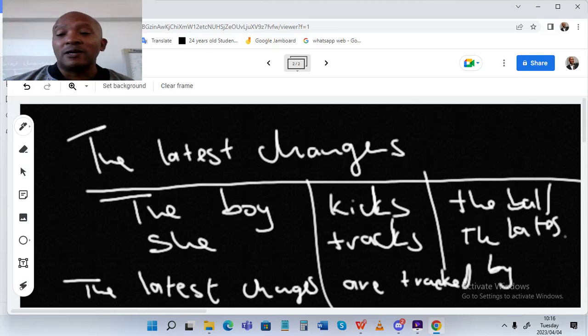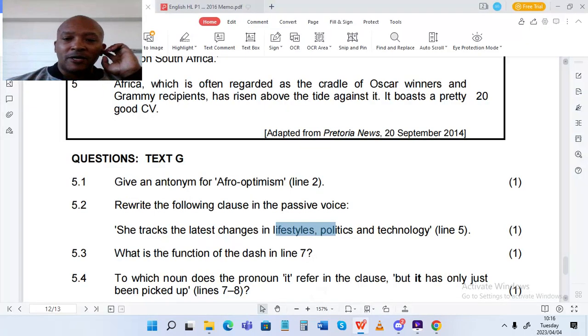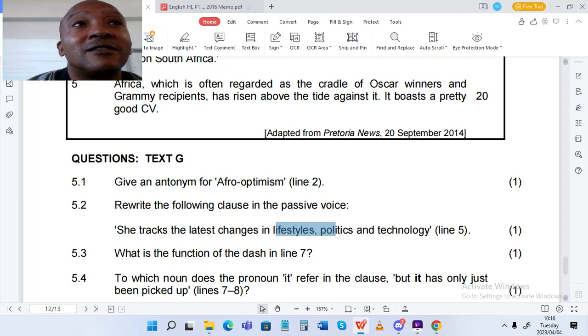By whom? Her. That's your sentence. Then you can just put in the latest changes in lifestyles, politics, and technology. You just add those words. Are tracked by her. Can you see how easy it becomes then?